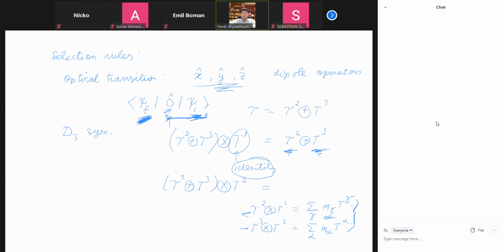So this is one use of the Wigner-Eckart theorem, sometimes also called selection rules, because it selects which states one can go into, which states are coupled to the initial state. And that depends, of course, on the operator. And we can have more complicated operators.